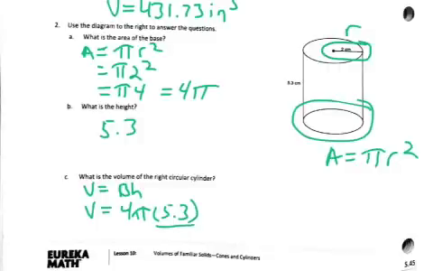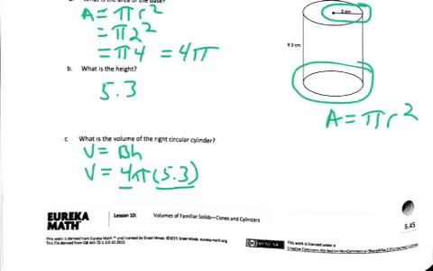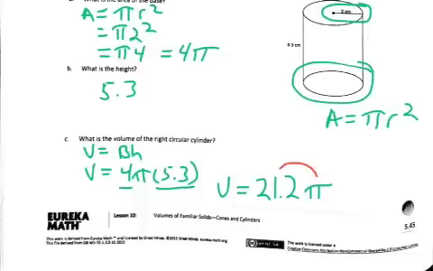So you can multiply your 5.3 times your 4 to get volume equals 21.2 pi. And again, we'll just leave this as pi. If you wanted to make this 3.14, well, then you would take 3.14 times 21.2, be somewhere in the 60s. Oops, forgot my centimeters cubed. Okay.